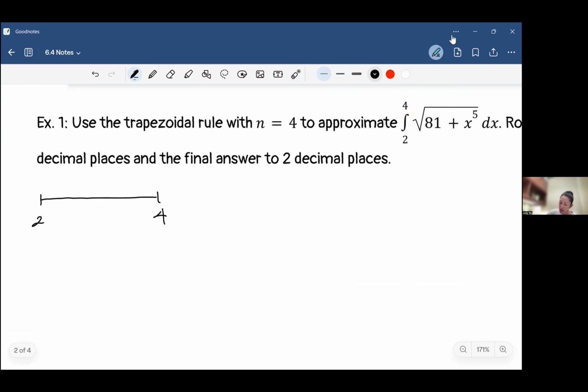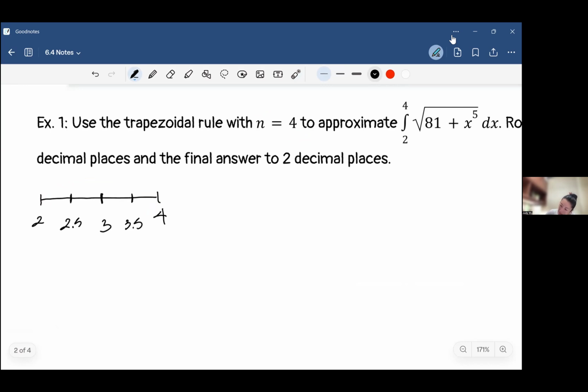Now, I want to cut this space into 4 equal sections. Well, how wide is each section going to be? Well, if I cut it in half, that would be 2 sections, and each section would have a width of 1, but I want 4 sections. So 2.5 and 3.5, okay?